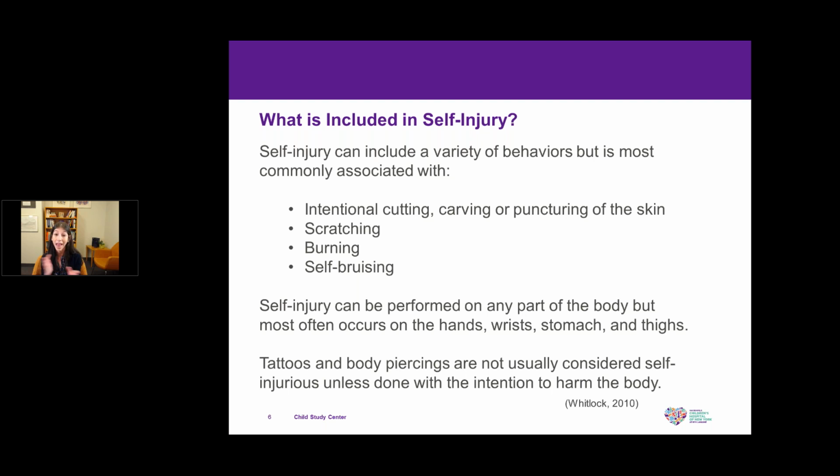Self-injury can be performed on any part of the body. Most often it occurs on the hands, wrists, stomach, and thighs. And again, as mentioned in the definition on the previous slide, tattoos and body piercings are usually not considered self-injurious unless they're done with the specific intention of causing harm to the body.